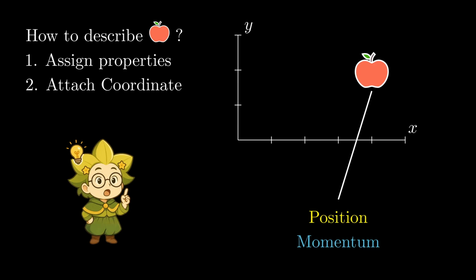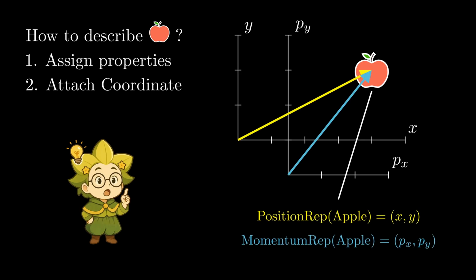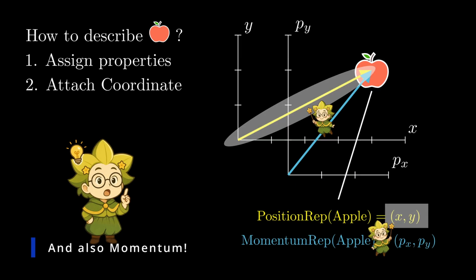Secondly, we need to get some coordinate system. For example, if we are interested in position, we might use 2 basis vectors to assign a 2D Cartesian coordinate system. Maybe another momentum coordinate system telling us where it is going. Setting up the coordinate system allows us to represent the property we are interested in through some mathematical way. Like the position representation of the apple is a vector, which is a set of numbers.